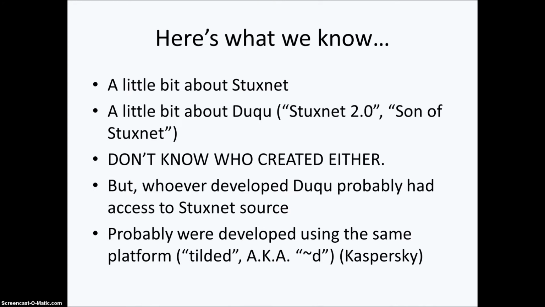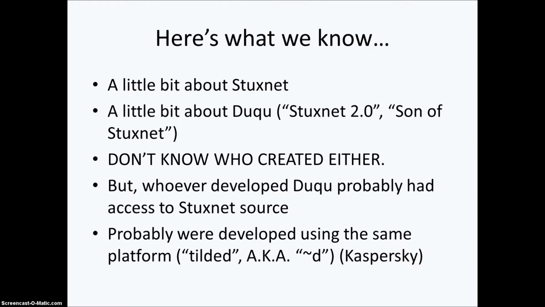As we'll see later, that theory may or may not be correct, as there's really a lot of evidence pointing towards collaboration on these two pieces of malware, and a lot of evidence against it. The bottom line is, we really don't know for sure who created either piece of malware, or if they worked together on it. There are some suspects, but there's no strong evidence to support those suspicions.